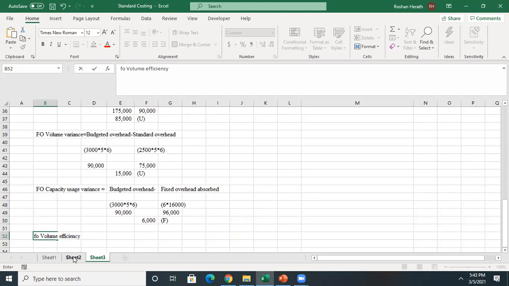So how about your efficiency? So in that, it's about the fixed overhead absorbed minus standard overhead.